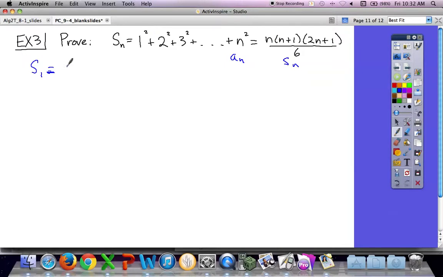So that'll be 1 times 1 plus 1 times 2 times 1 plus 1 divided by 6, which is 1 times 2 times 3 over 6, which is 1. And if you add up the first term here, it's 1. So that checks.